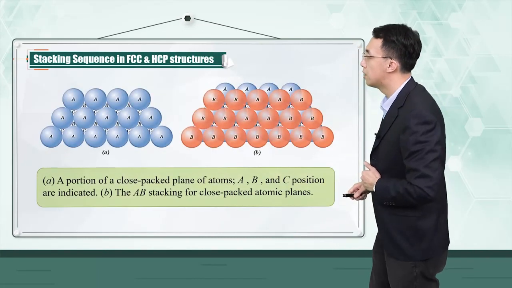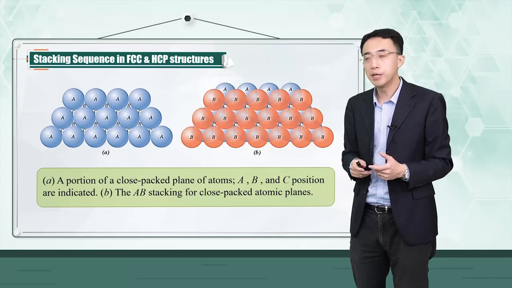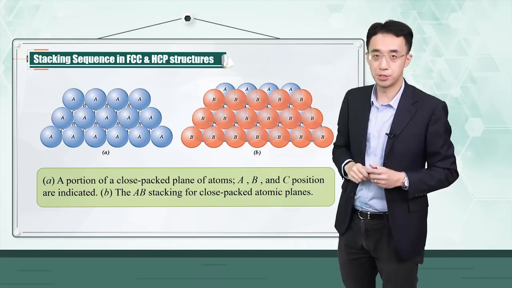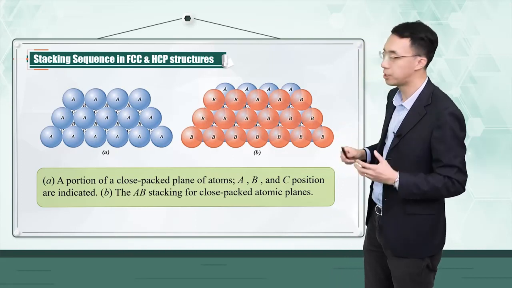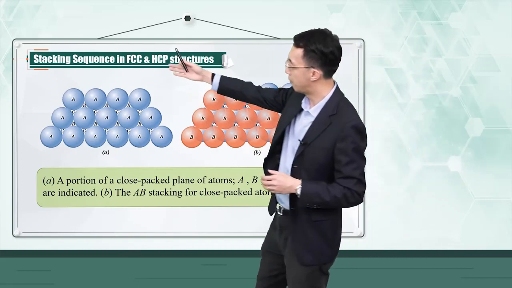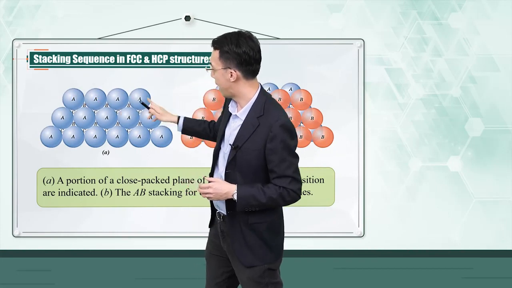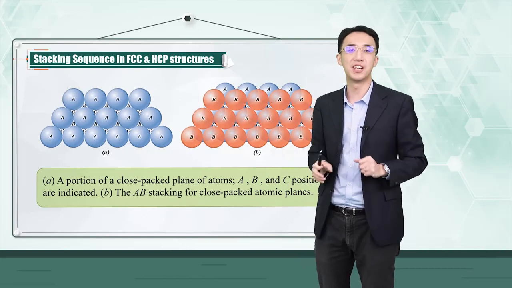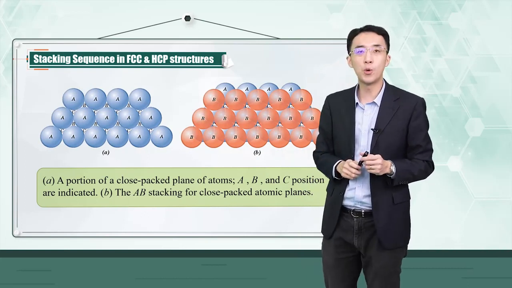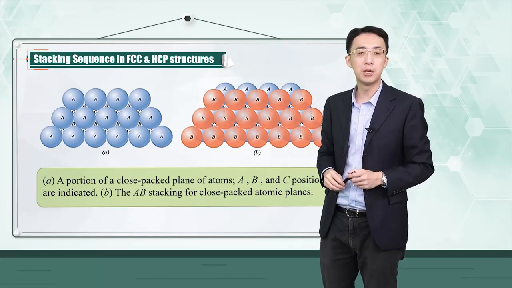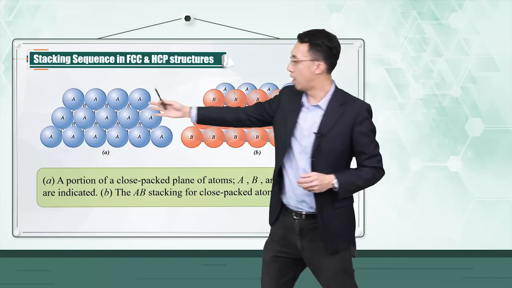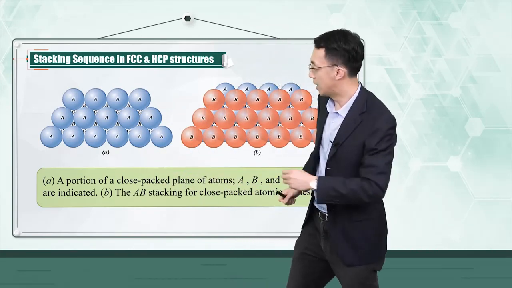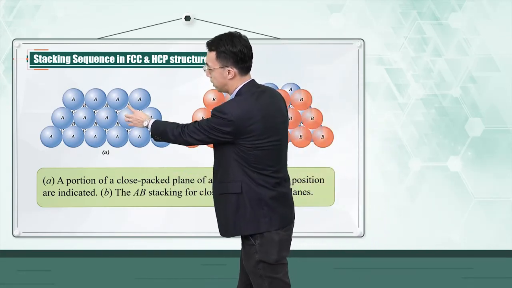So finally, we are going to talk a little bit about the packing sequence in FCC and HCP structures. For a closely packed structure, when you have A atoms packing very closely to each other, so all the atoms are touching each other in a sense, you will have two types of packing positions on top of or at the bottom of these A atoms, which are this C position and this B position.